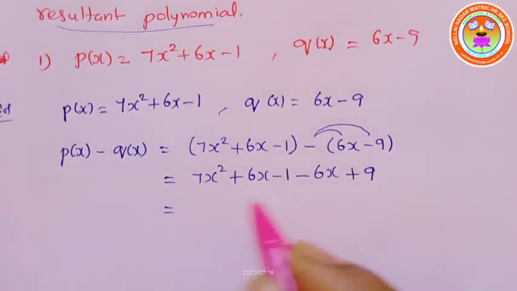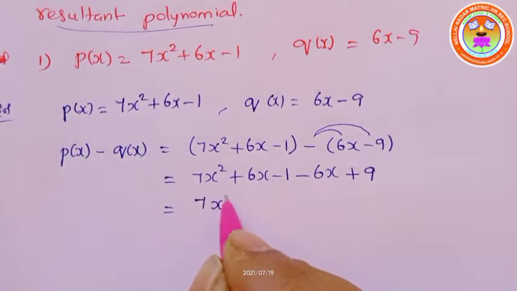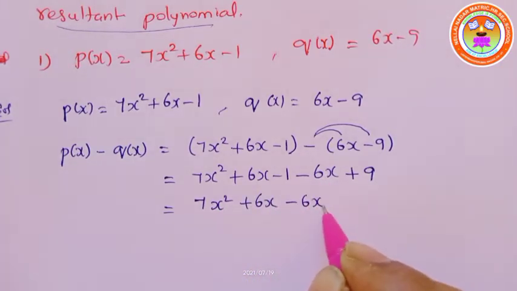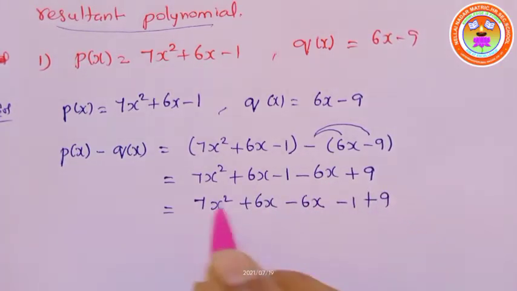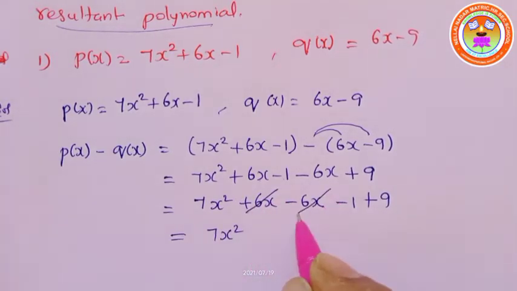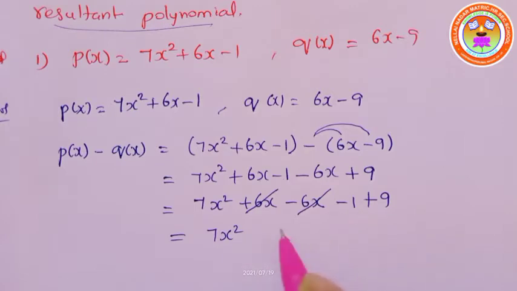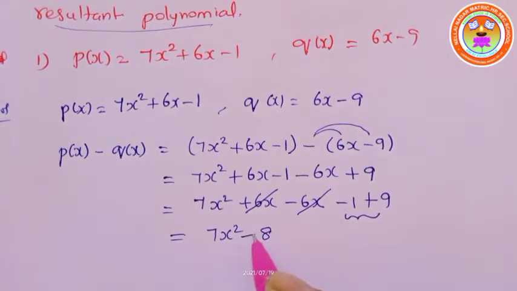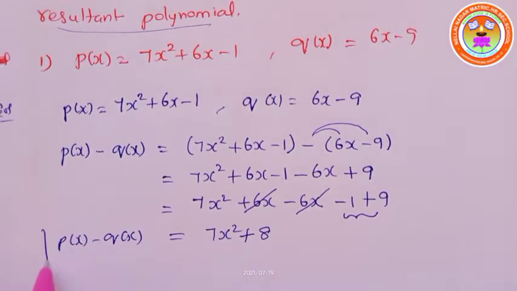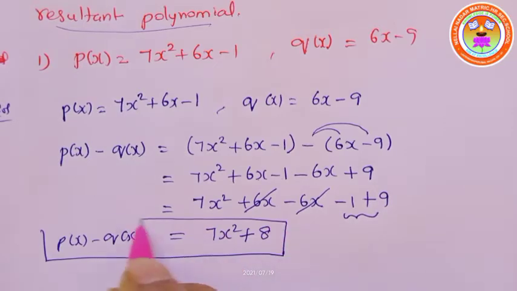Now arrange the terms. 7x squared plus 6x minus 6x minus 1 plus 9. 5 terms. 7x squared, plus 6x minus 6x cancel. So minus 1 plus 9 is 8, the greater number has plus. So p of x minus q of x is equal to 7x squared plus 8.